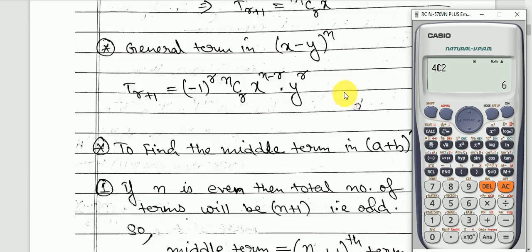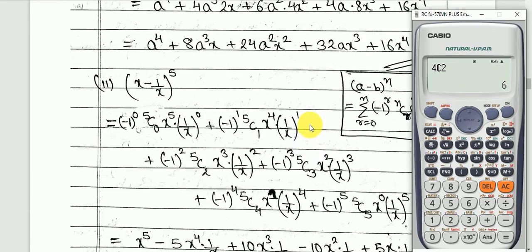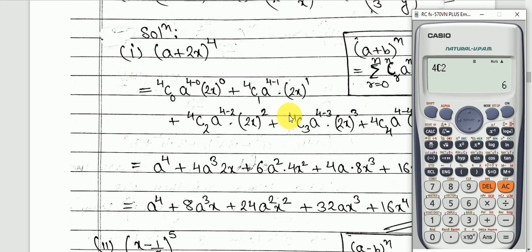So by that it will be same, 4C1 and 4C3 will be same. Or otherwise what you can do is you can use your calculator, then 4, then shift, then C, then 3, you see you will get 4 only.